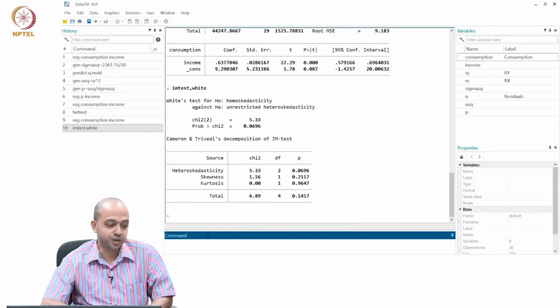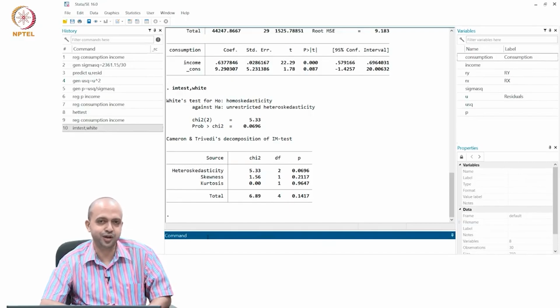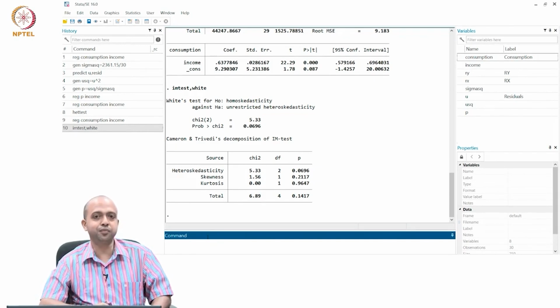But once again you have to remember that even White's general heteroscedasticity test is a large sample test, which may not be applicable in a small sample in this case, because you have only 30 observations. Why is this a large sample test? Because in your auxiliary regression, ui hat square is a function of all your explanatory variables, their squares and cross products. So with only two explanatory variables, you are having 5 parameters.